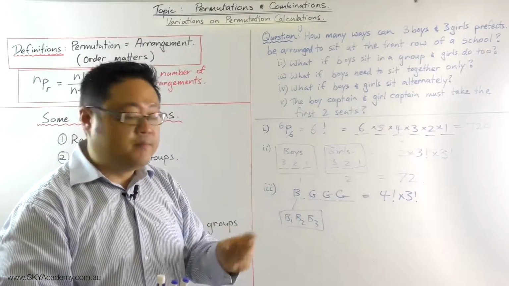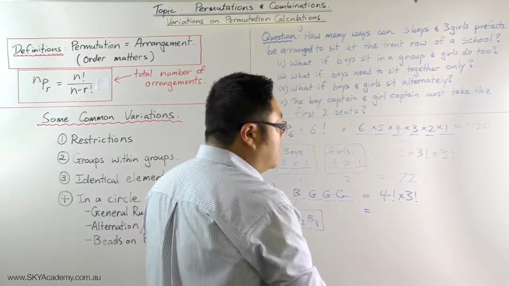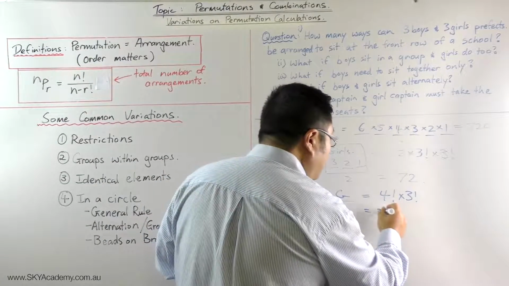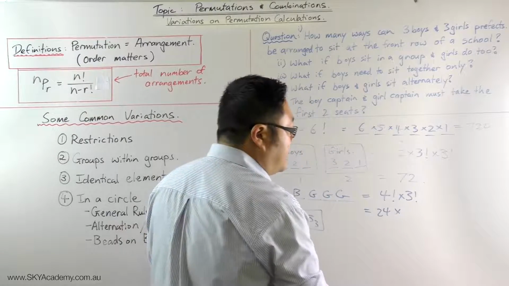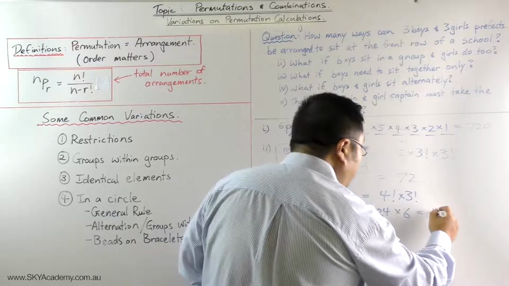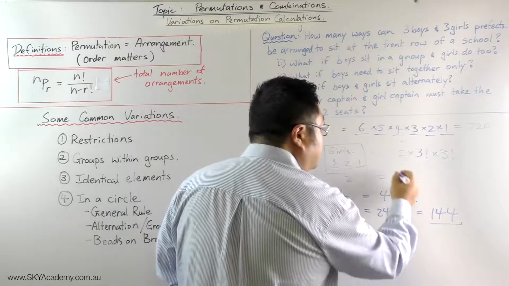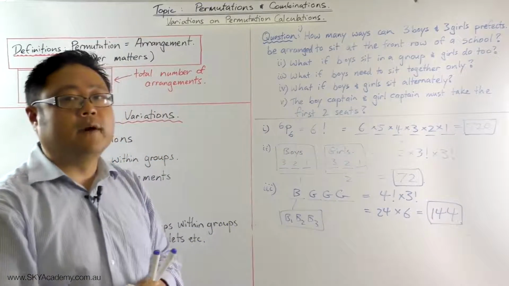Does that make sense? All right. So what you end up with is 4 factorial, which is 24, times 3 factorial, which is 6, and your answer should be 144. Got it? And that's the number of arrangements there. Okay, good.